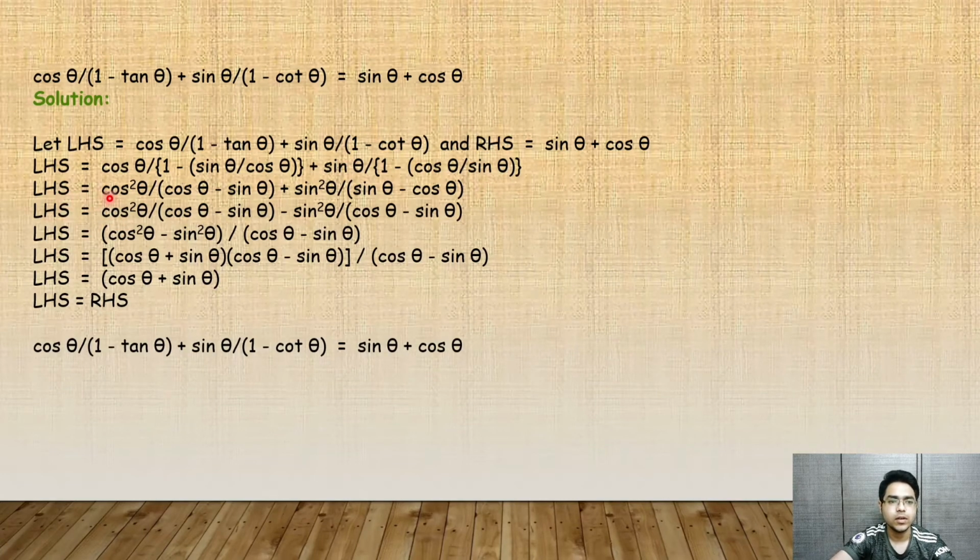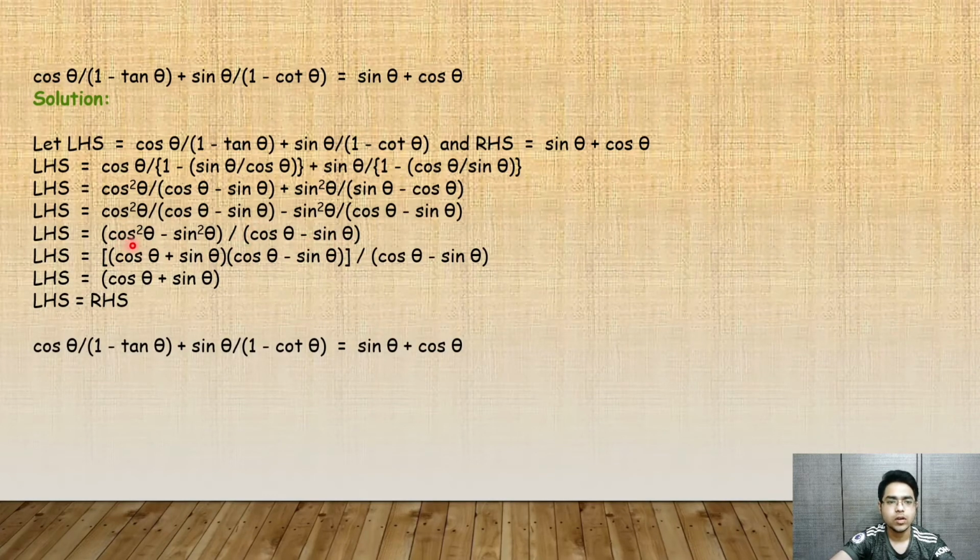So we'll be getting here cos square theta divided by cos theta minus sin theta plus sin square theta divided by sin theta minus cos theta. So we'll be taking this negative term out from the denominator to convert this similar to the first denominator. So we'll be getting cos square theta minus sin square theta divided by cos theta minus sin theta.